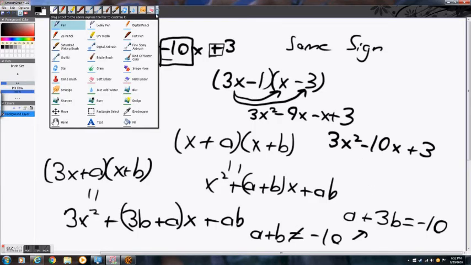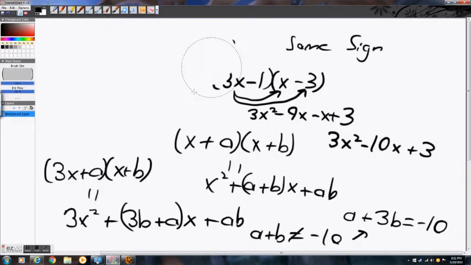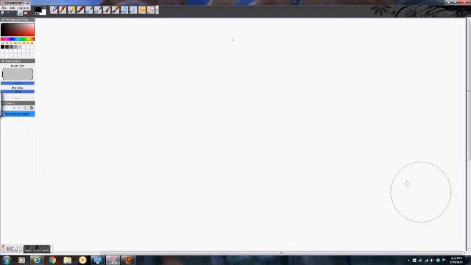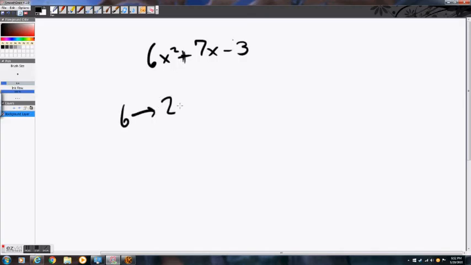Now we'll do another one with a coefficient. Try a couple more. Let's say we have 6x squared plus 7x minus 3. This one's a little bit harder because now we have two coefficients, 2 and 3.